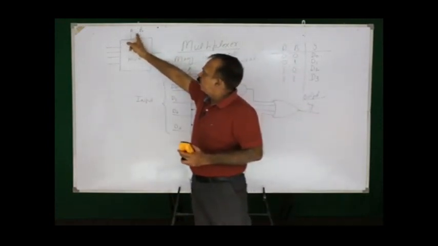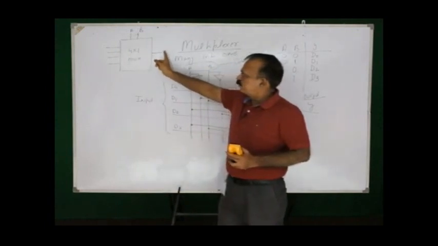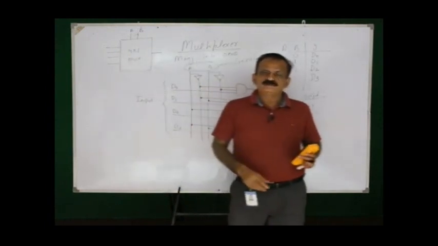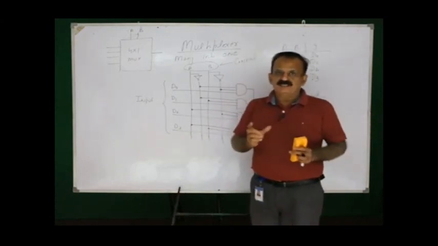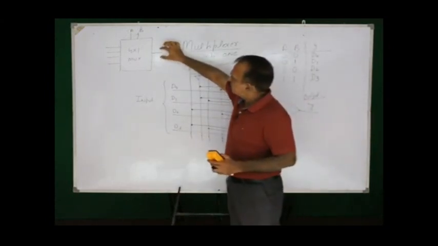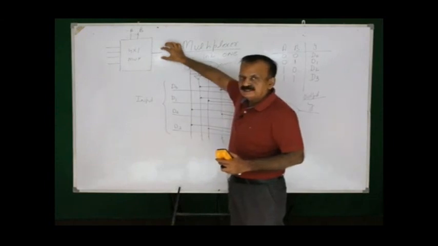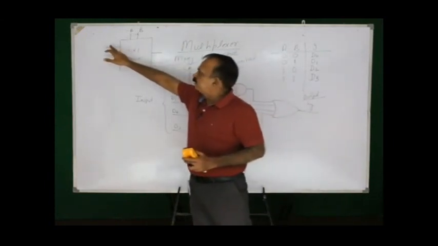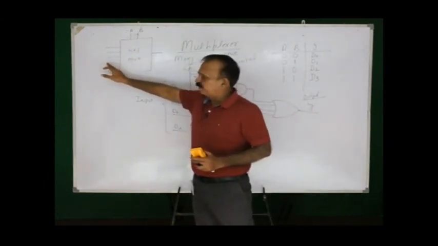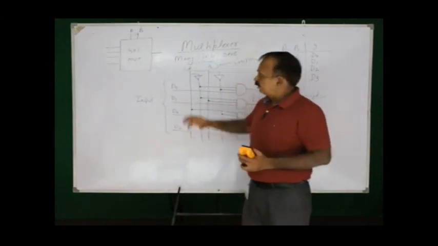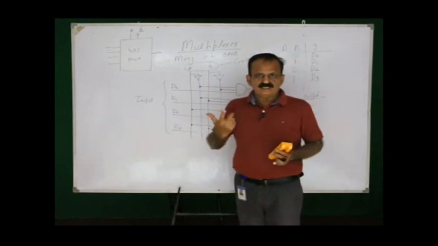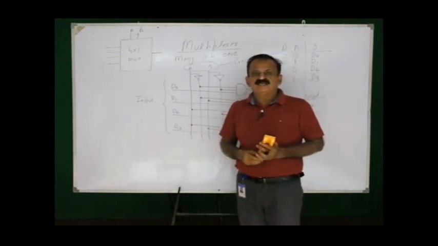If it is 0 1, this output will be shifted to the printer, and so on. Even within the computer, a number of buses are shared. The bus to be shared is placed at this output, and the devices sharing it will be connected to the inputs of this multiplexer.